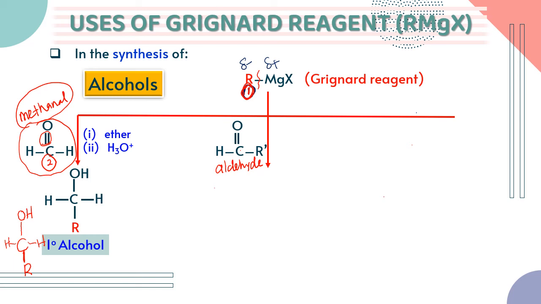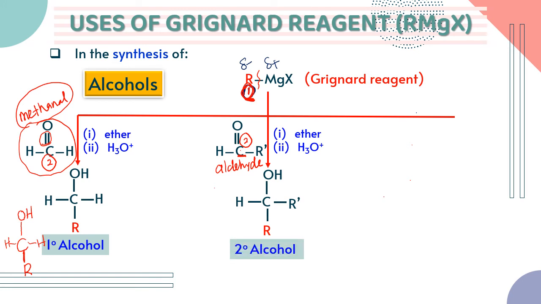Same goes: this will be the second carbon, and this particular carbon will be bonded to your alkyl group. The reaction must be done first step in ether, second step acidify. So this will be the product, and you will get a secondary alcohol. Why? Because this carbon right now is bonded to 2 carbons, so it's a secondary carbon.